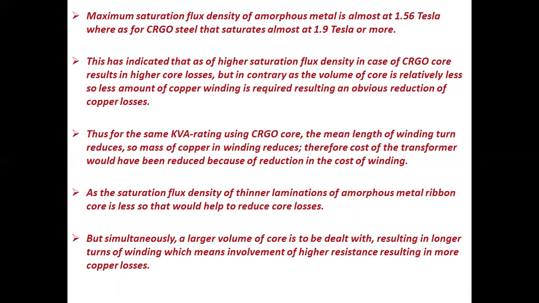As the saturation flux density of thinner laminations of amorphous metal ribbon core is less, so that would help to reduce core losses. But simultaneously, a larger volume of core is to be dealt with, resulting in longer turns of winding, which means involvement of higher resistance, resulting in more copper losses.